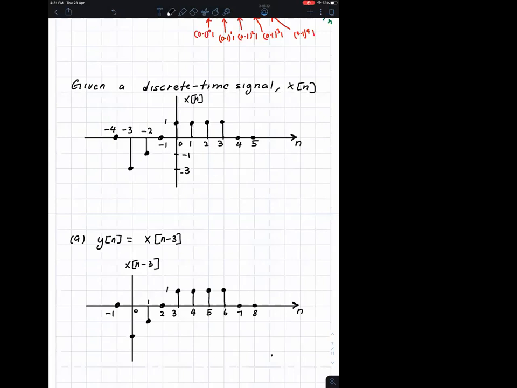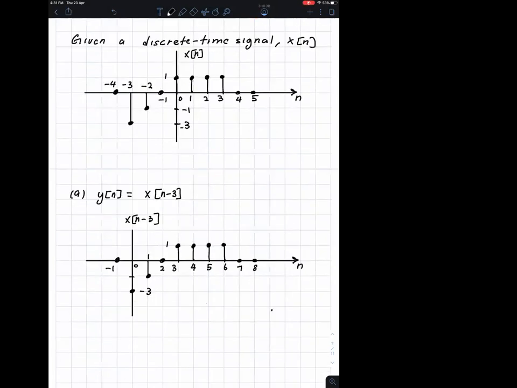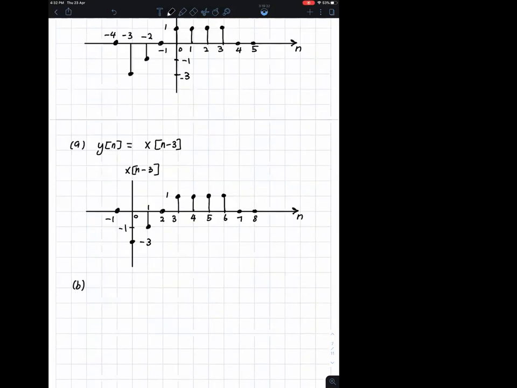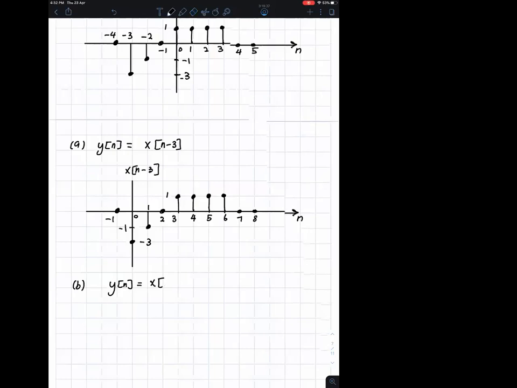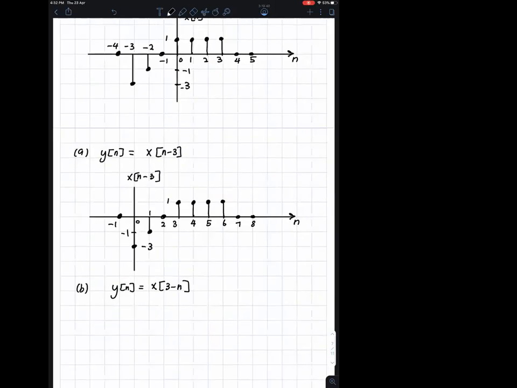So this is -3, -1, and it's equal to x of 3 minus n. Just now it was n minus 3, now 3 minus n.